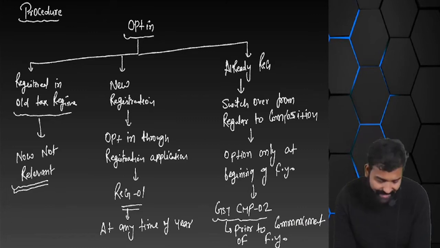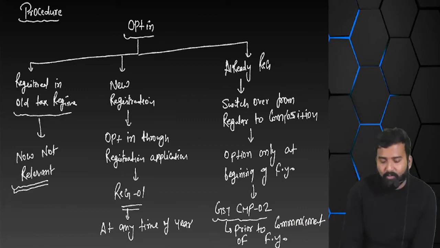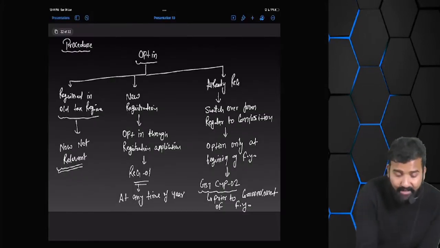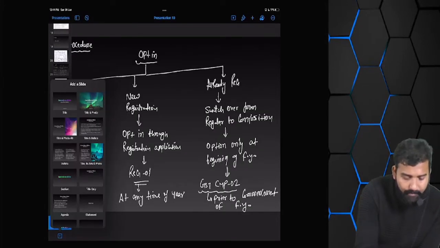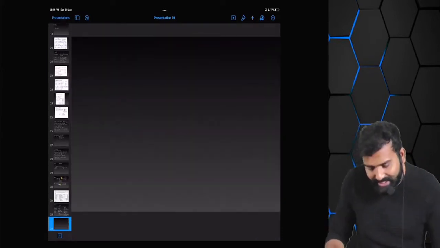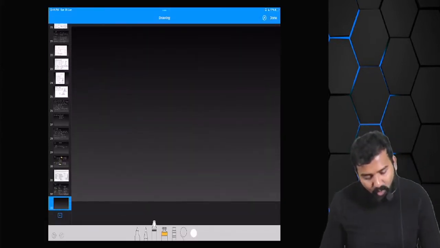Now, an interesting thing. We got the form number for opting in for the composition scheme. But there is one more interesting fact that I have to cover. Listen carefully.